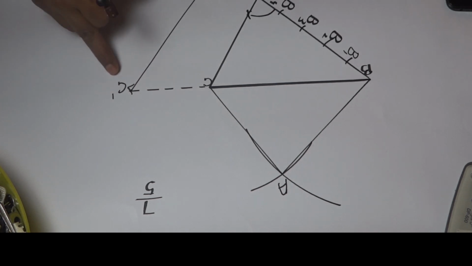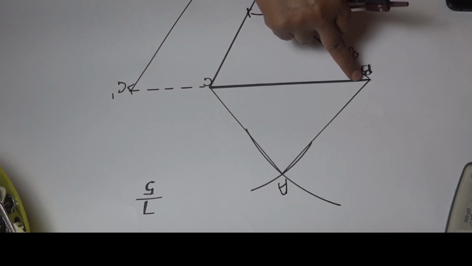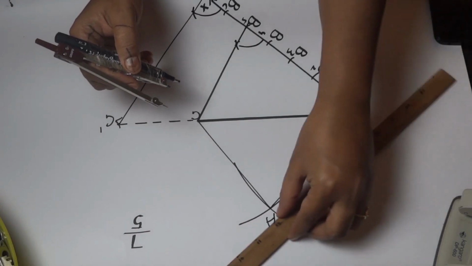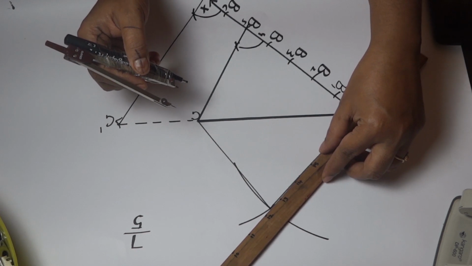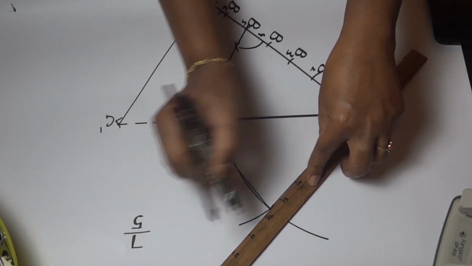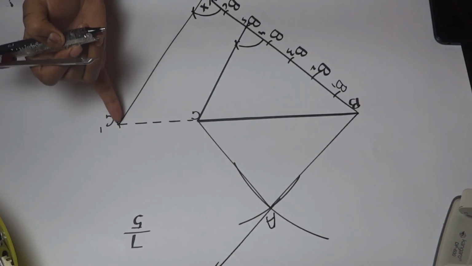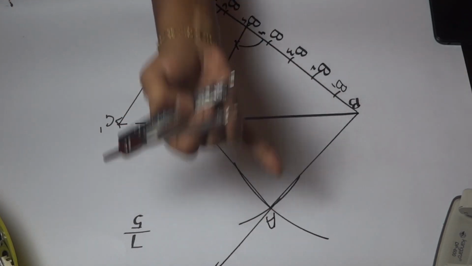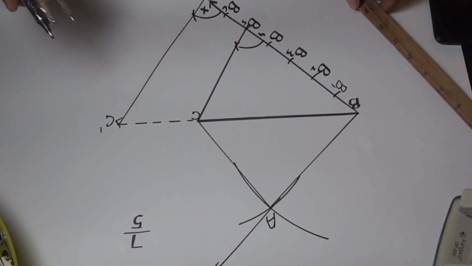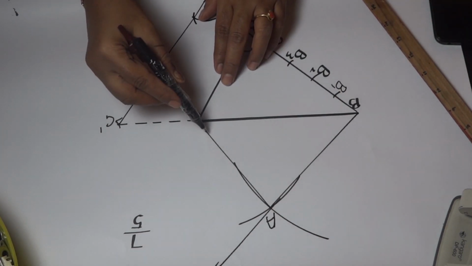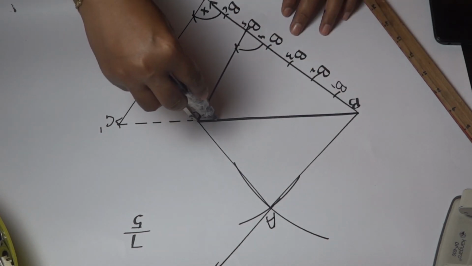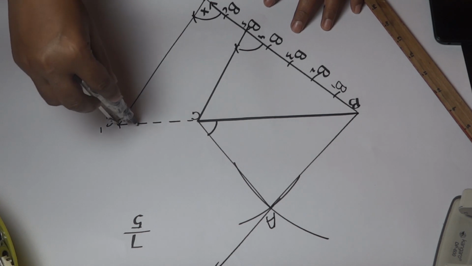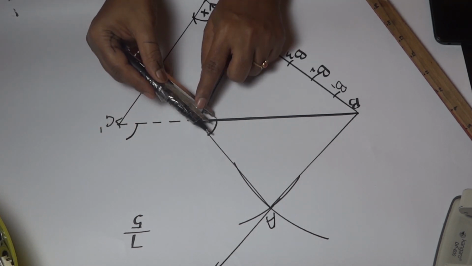Now to join this point C dash to the line segment AB, we have to extend this line BA further. To join this point C dash to extended part of BA, we have to copy the angle formed at point C here. Let us copy the angle like this. Measure the width.